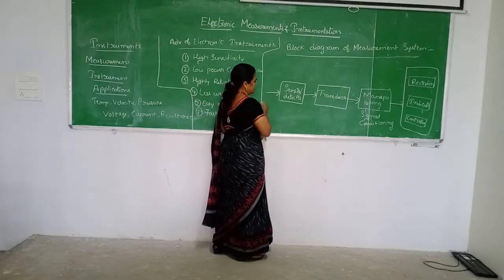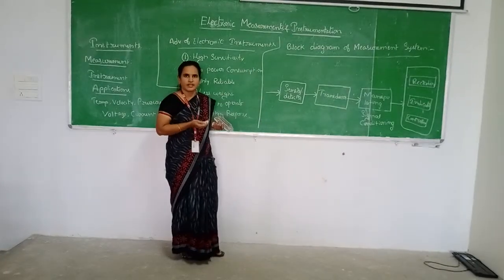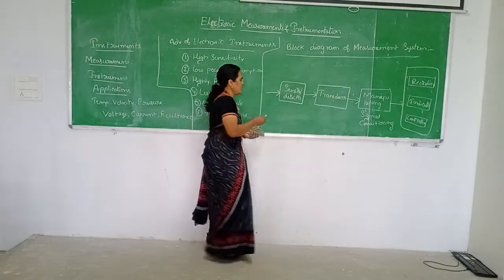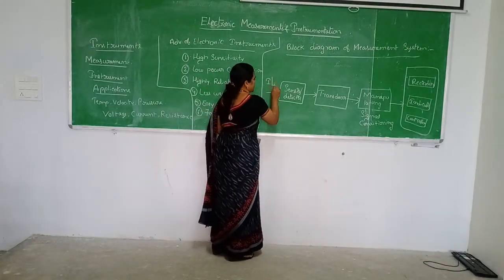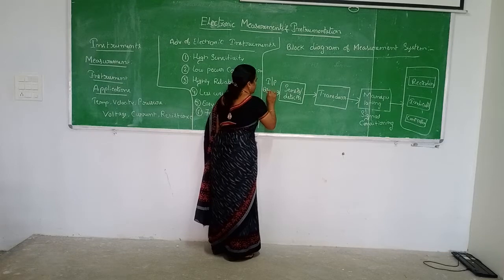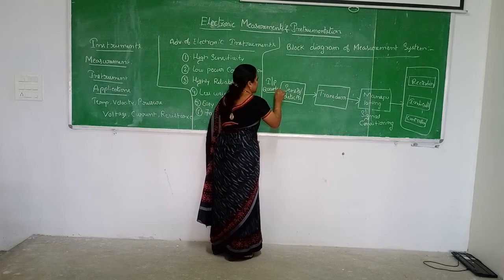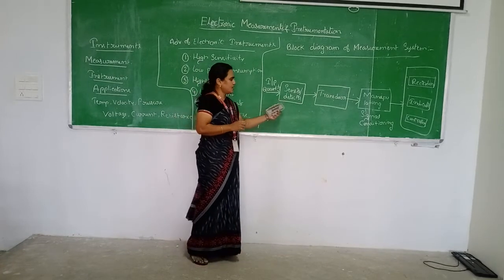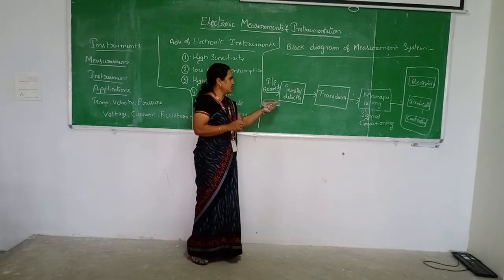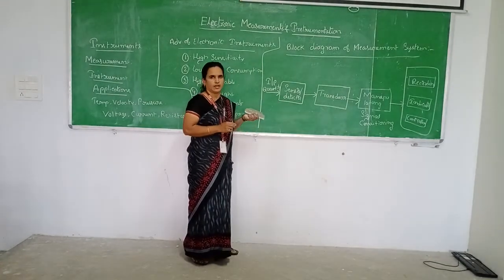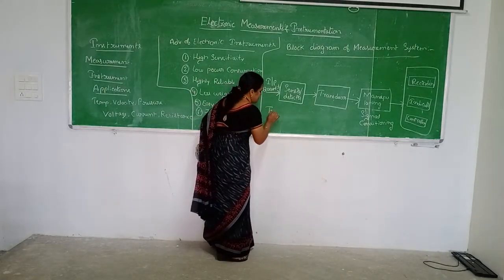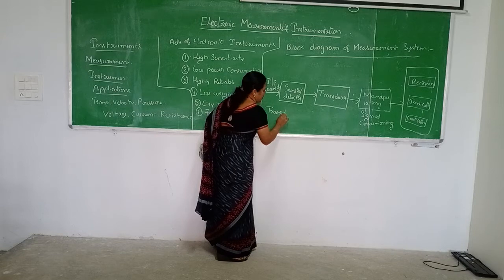First, the quantity we want to measure is applied to the sensor or detector. That is, the input quantity is applied to the sensor or detector. Here the sensor or detector detects the input signal. Next block is transducer.